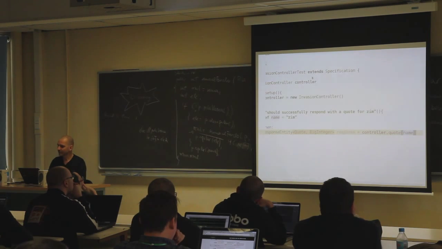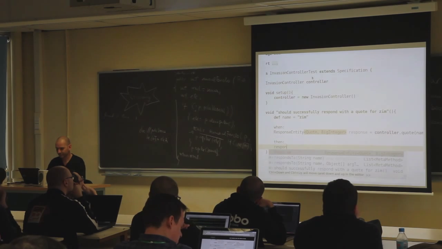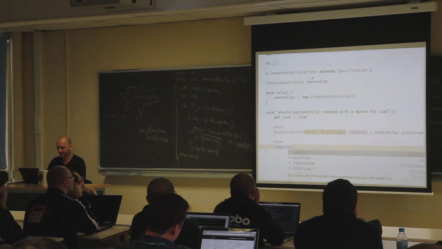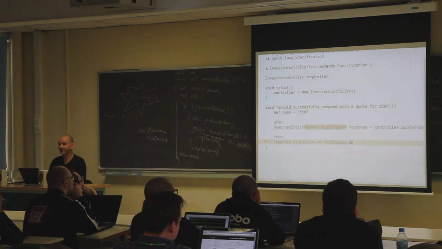Lastly, we just want to do an assertion. So we want to assert then response.statusCode, because we said we want a successful response here, right? Is HTTP status OK? So let's run that and see what that does.